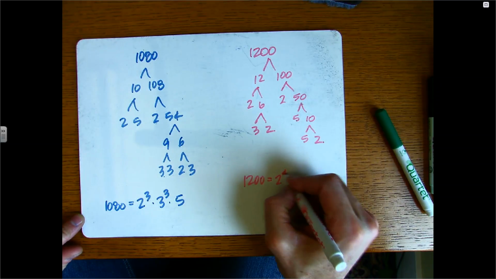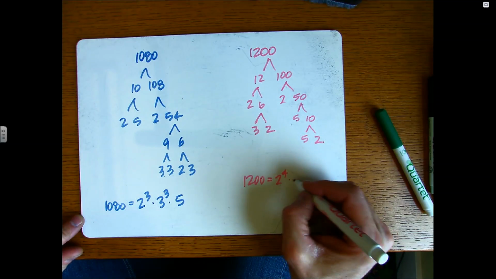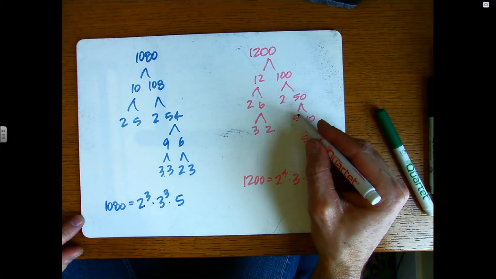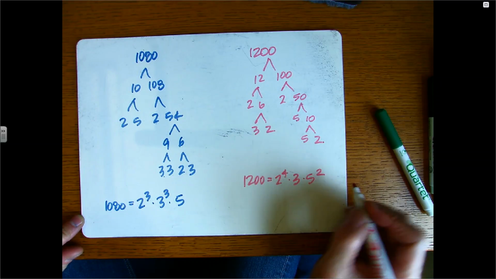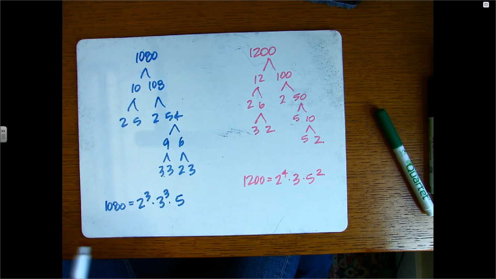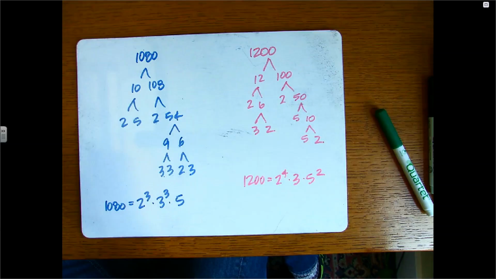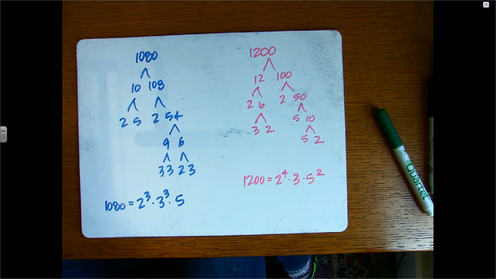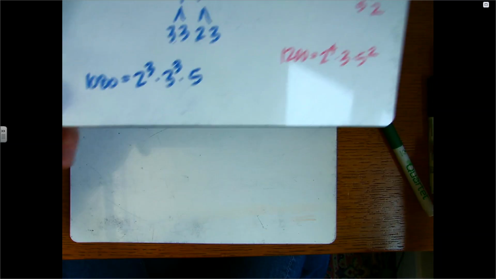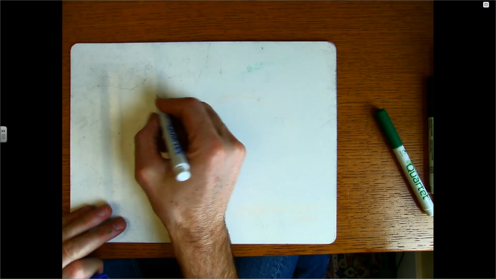So 2 to the 4th, 1 3, and 2 5s. So similar bases but different exponents for sure. Just checking to make sure I've got 2 to the third, 3 to the third times 5. Yep, I've got the same numbers here. So once I have that prime factorization, then I can fill out my Venn diagram for the two numbers. I wish I could keep both of them on the screen for you, but I can't. But you'll have to rely on your notes.